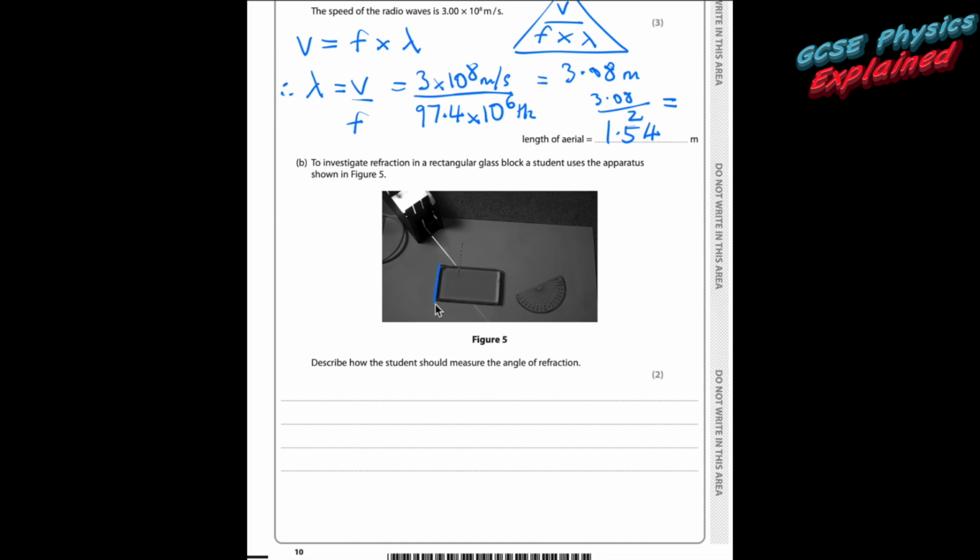Right, they'd have to draw around the glass block, then draw the normal on, put little X's where the light goes in and where the light comes out, then move the glass block out the way, then join those X's up, and join where that goes down to there. Then you need a protractor to measure this angle in between the normal and the refracted ray.